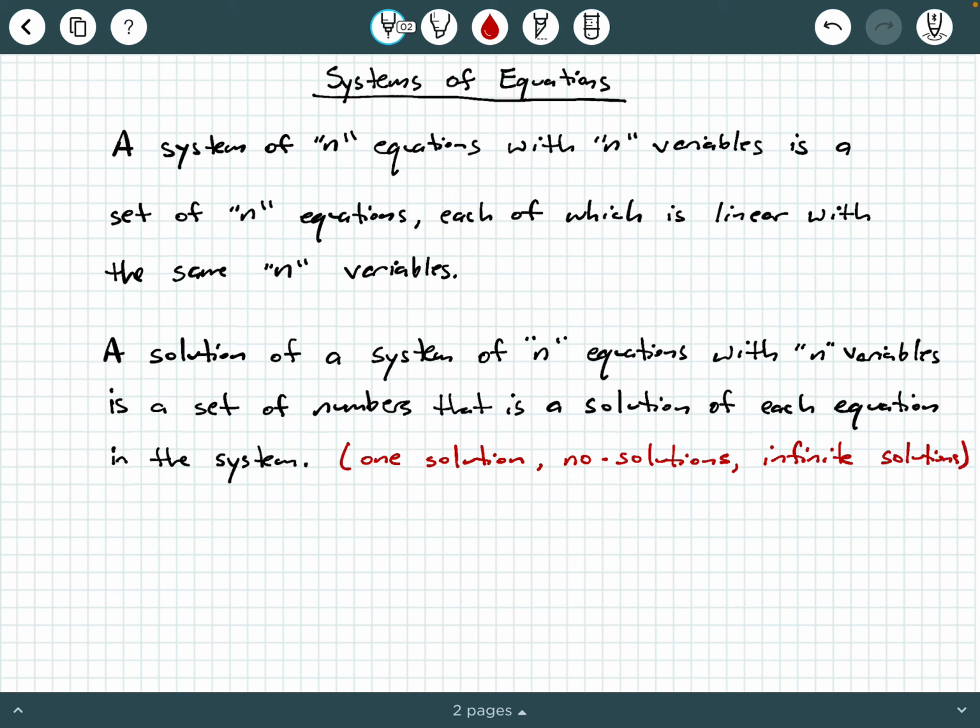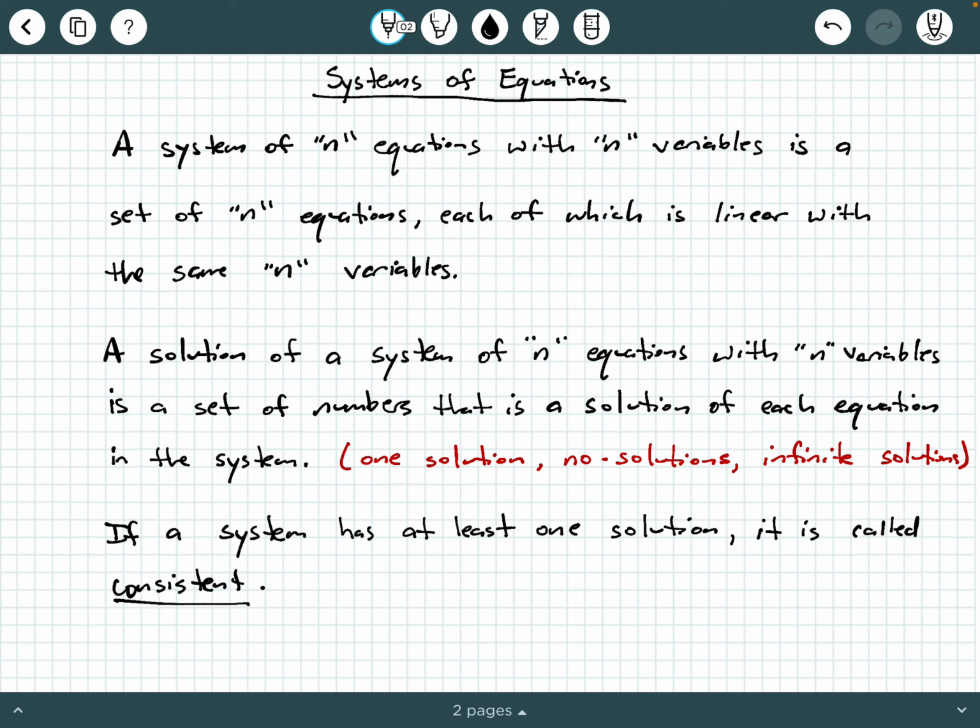Okay, so if a system has at least one solution, it is called consistent.